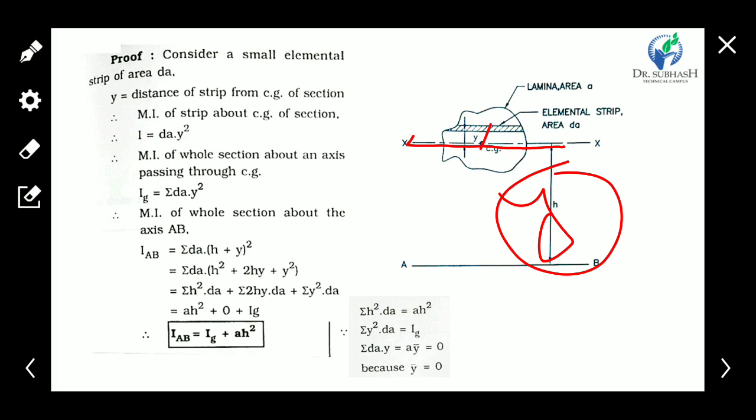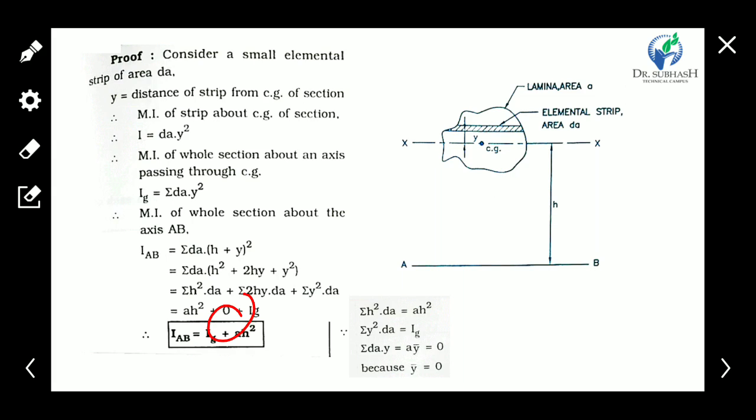So A y is 0 because y bar is 0, so this term is 0. Here the remaining is A h square plus IG, so it is properly arranged in the form of the equation: I AB is equal to IG plus A h square, which is defined as the parallel axis theorem.